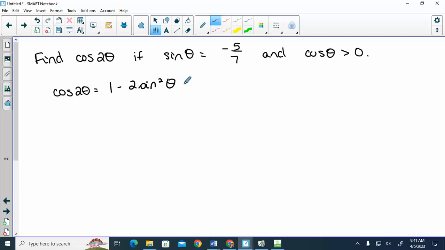If you use this one, you don't have to set up a triangle at all because I gave you sine theta is negative 5 over 7. And you could use a calculator if you needed to.